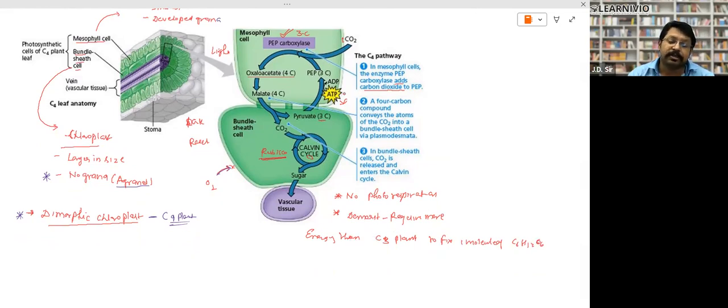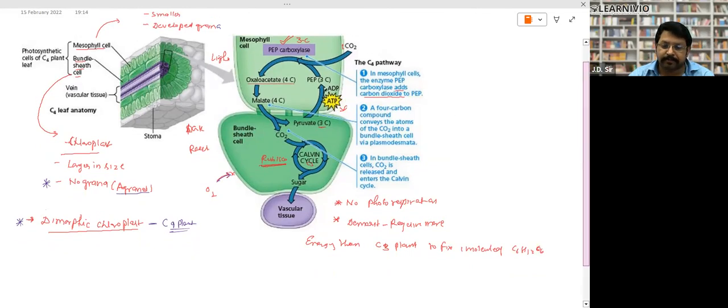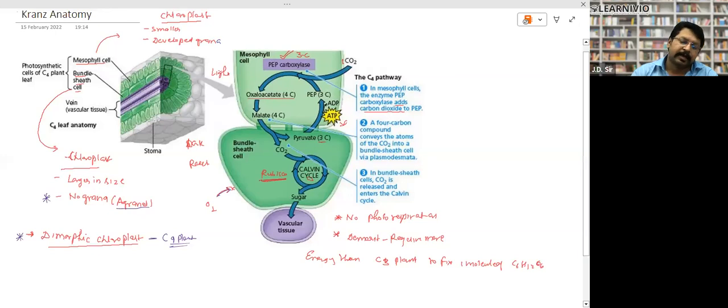Because here ATP is spent, right? So this is the Kranz anatomy and C4 cycle. Go through it and tell me, is it clear or not? Is that okay?